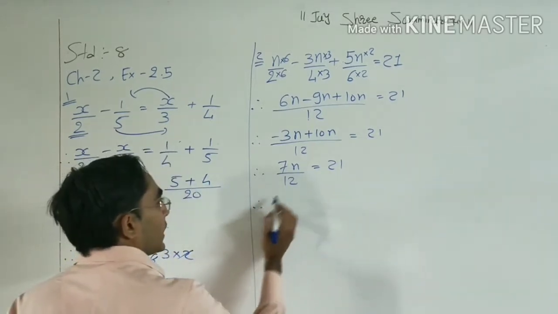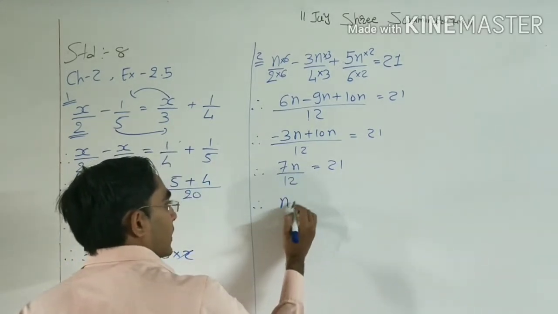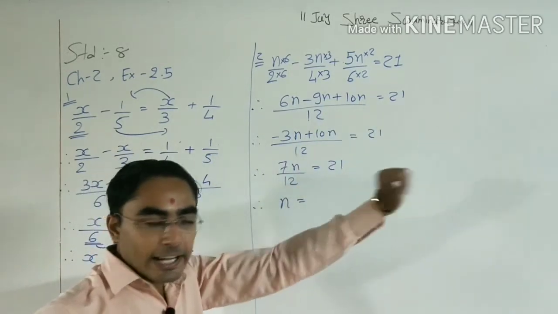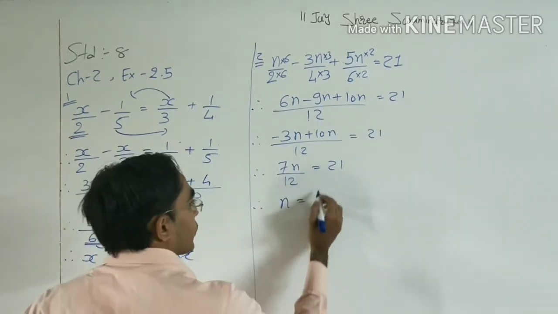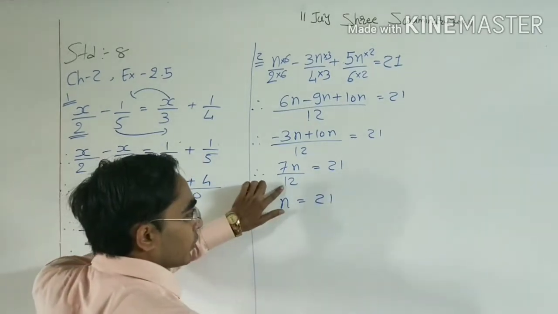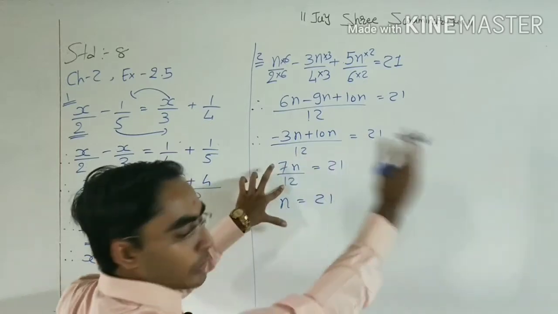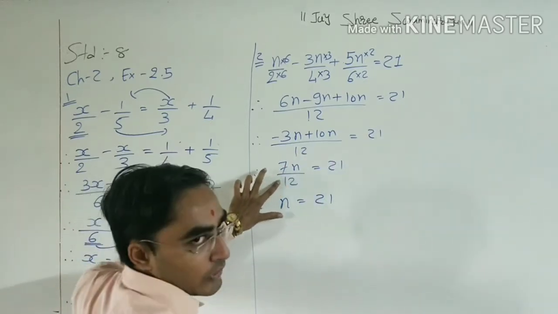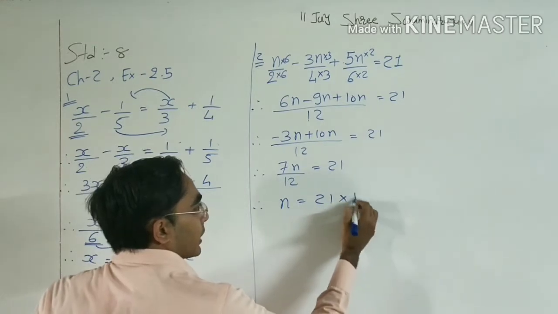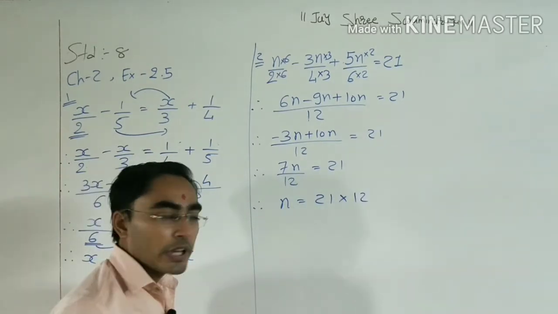Now for finding the value of n, we need to transfer this 7 and 12 both to the right hand side. First of all, on the right hand side we have 21. If we transfer this 12 from the left hand side to the right hand side, right now it is in division, so on transferring it goes to multiplication.